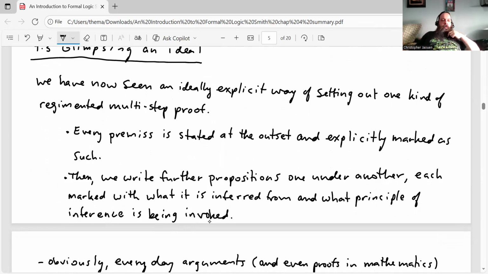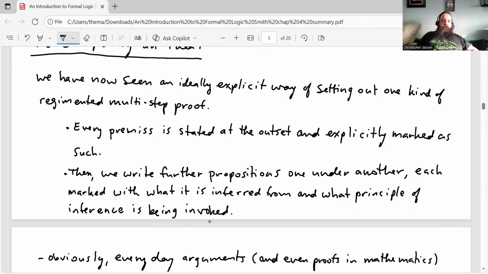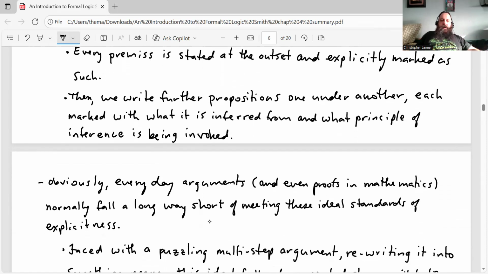But we have now seen an ideally explicit way of setting out one kind of regimented multi-step proof. Every premise is stated at the outset and explicitly marked as such, and then we write further propositions one under another, each marked with what it is inferred from and what principle of inference is being invoked. Right, we've seen some examples of that already.